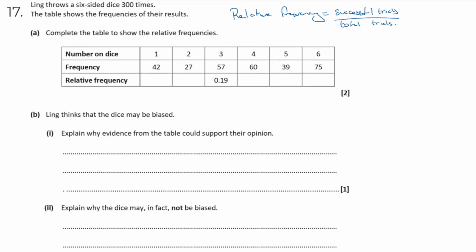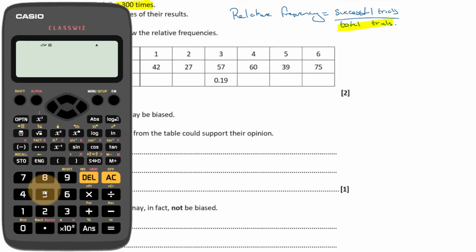Okay, so here total trials is 300, isn't it? So the total trials here is the number of throws altogether, and the successful trials, well, that's just the number of successes for that particular number. So for 3 there were 57 successes, and you'll see if you divide 57 by 300, the total number of trials, you're going to get 0.19. Yes, you do. Okay, so let's just do that with the others. We're just going to divide each one by 300. So 42 divided by 300, that is 0.14.